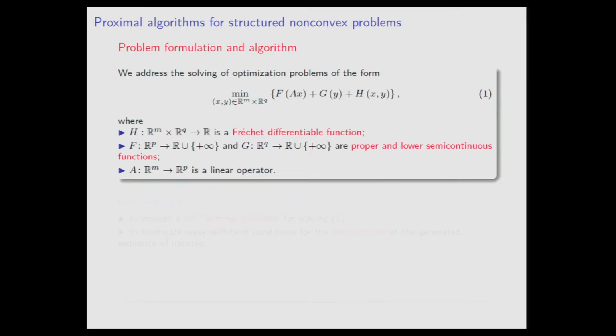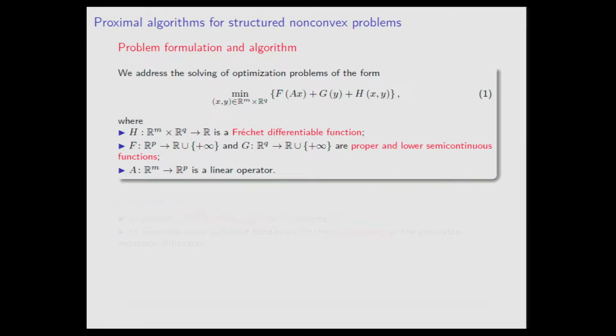under Kurdyka-Lojasiewicz assumptions. So this is the problem we are considering. We minimize the sum of two non-smooth functions, proper lower semi-continuous. The first one is composed with a linear operator. And we have here a coupling function which is Fréchet differentiable. So everything is non-convex.